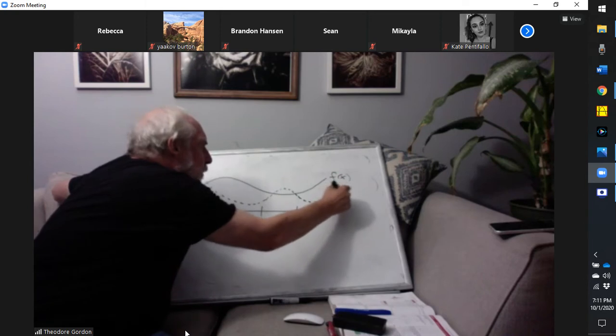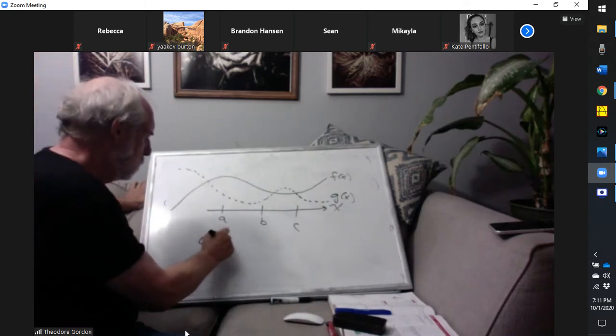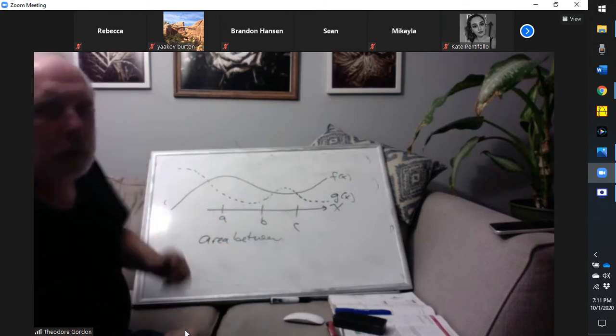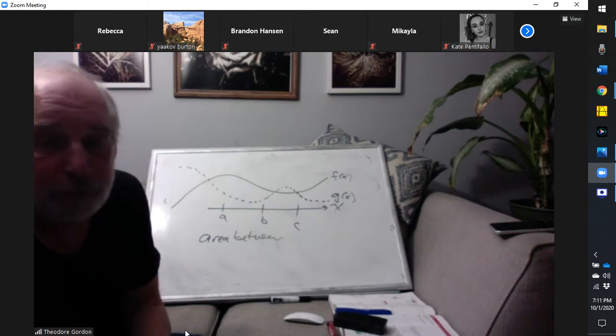And there's a function g. How would you set up the problem to do the area between those two functions?